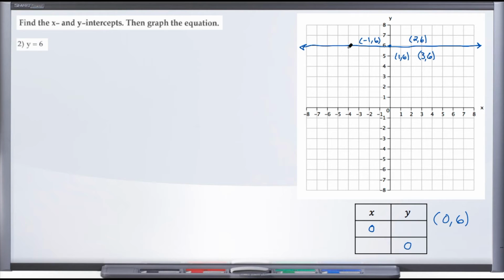We can go a few units more, and now we'll be at (-5, 6) right here. So no matter which point we choose on this line, the y value is always the same. It's always 6, because the equation of this line is y equals 6. The only thing that changes is the x value.